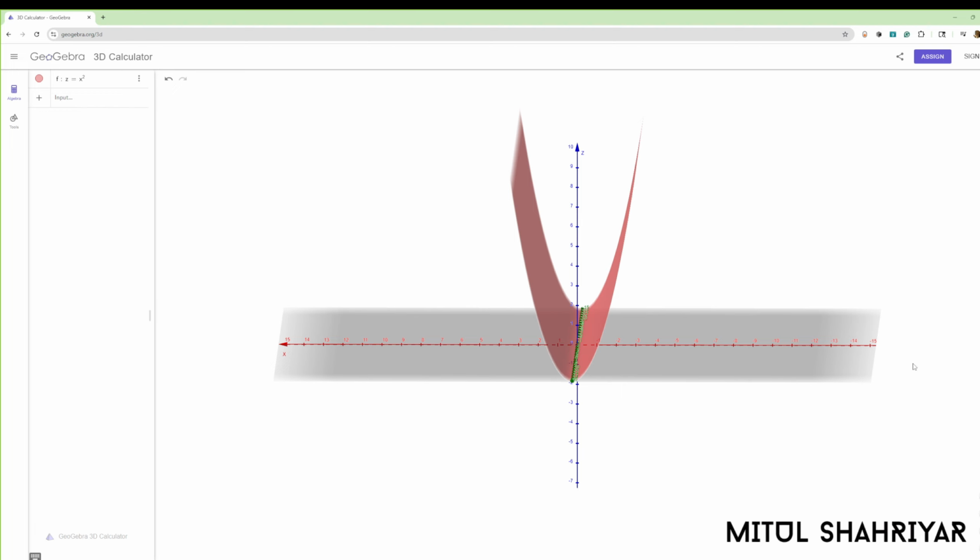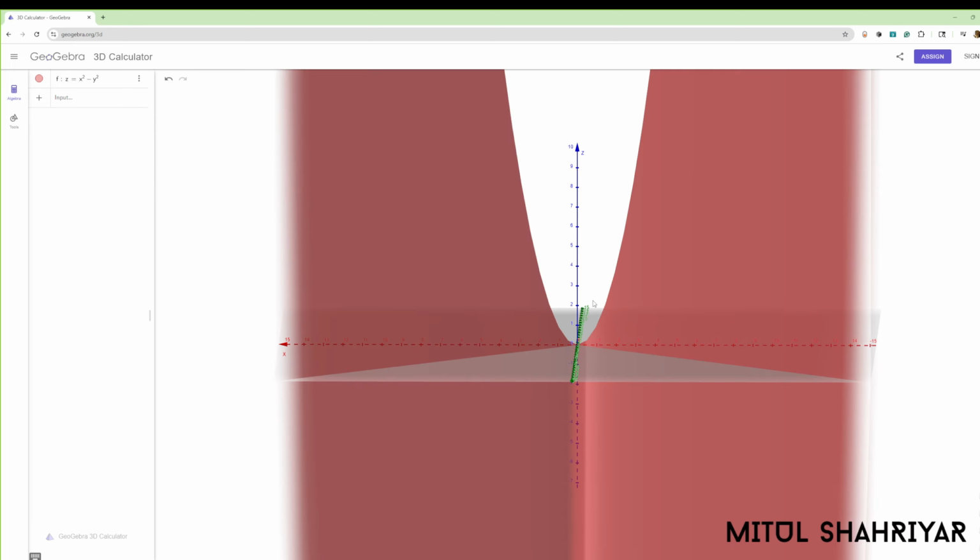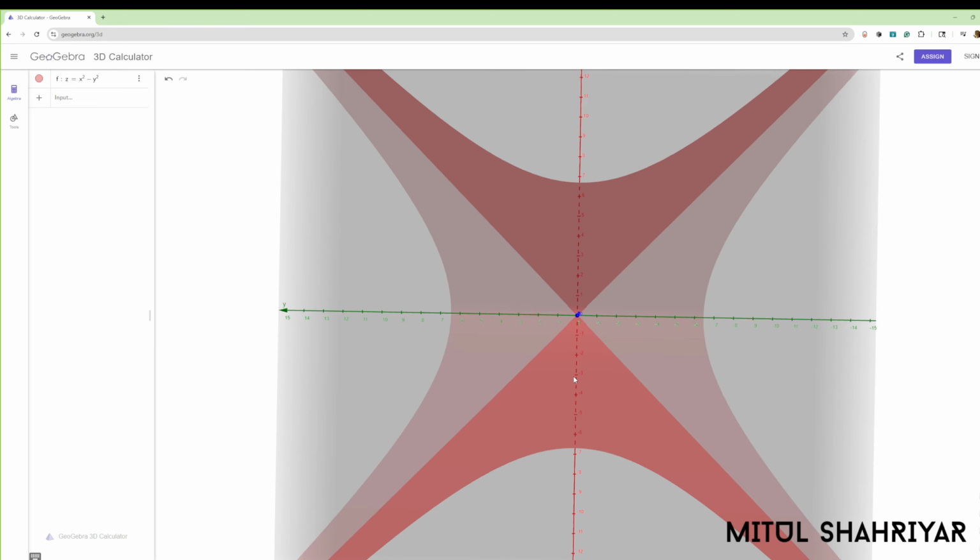This is the z axis and this is our x axis. Once we add minus y square and enter, this is what is generated.